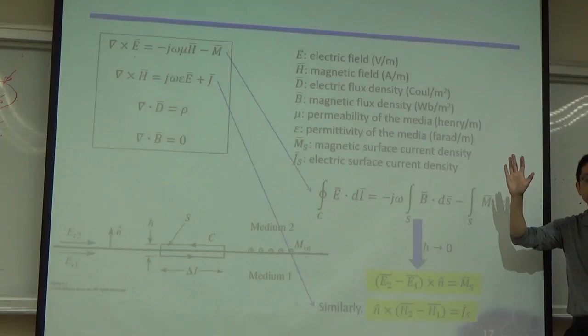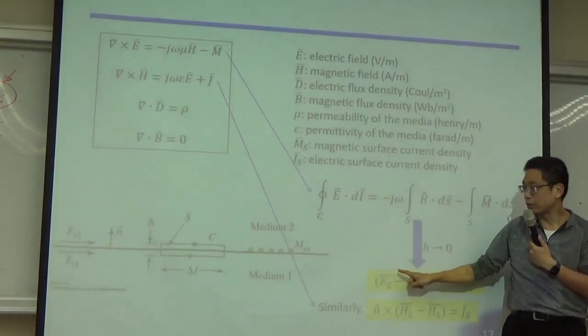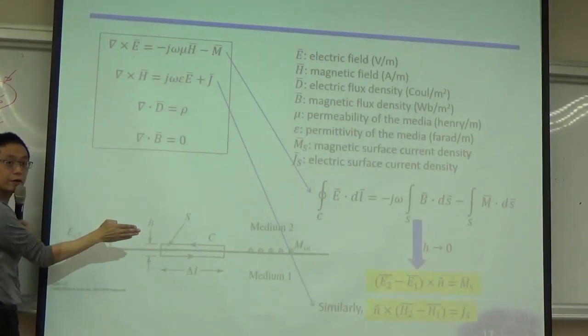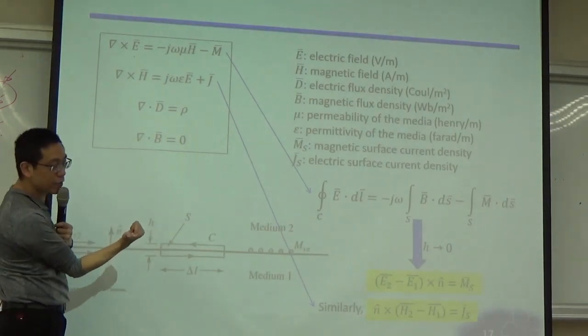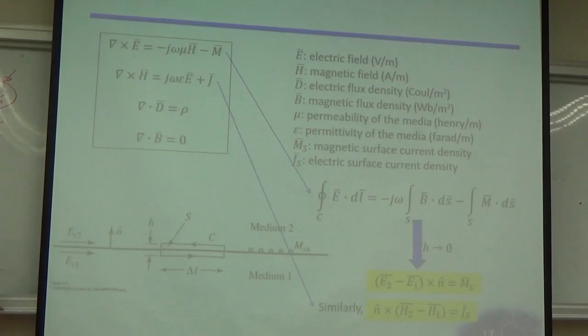Use your right hand. E2 minus E1, so the direction of E2 is going to this direction, right? Cross N, so that's why Ms is outside. Okay, I think this is another explanation.